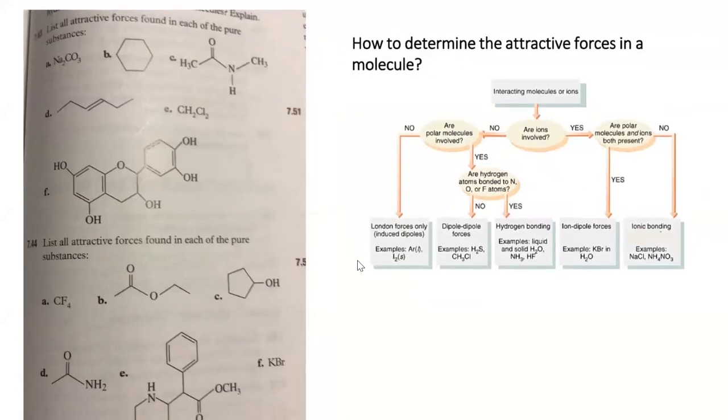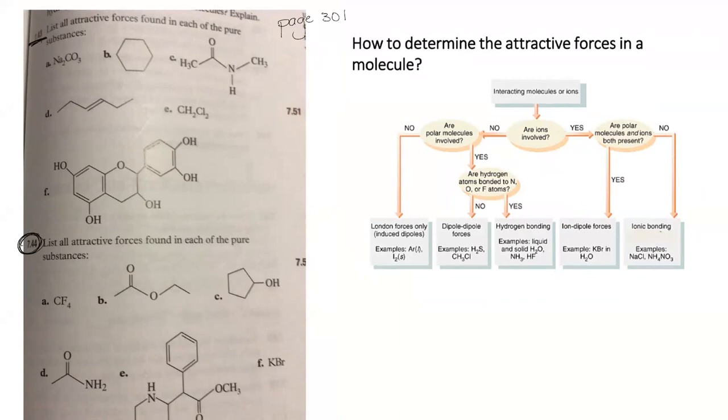So these problems that you guys see here are from page 301 in your textbook, okay? And even though we're going through 7.44, that's the one that I'm going to do with you guys, you can try on your own 7.43, okay?